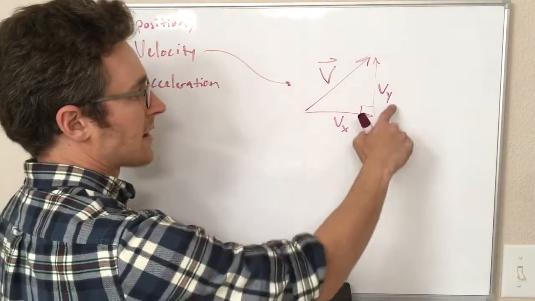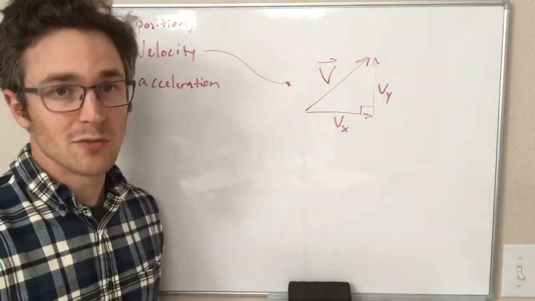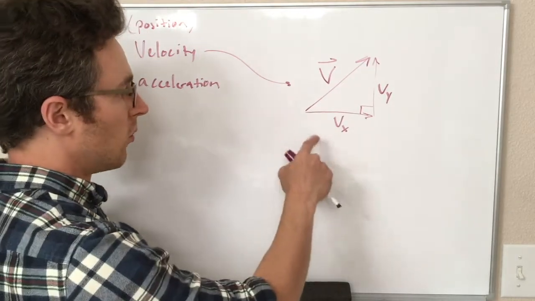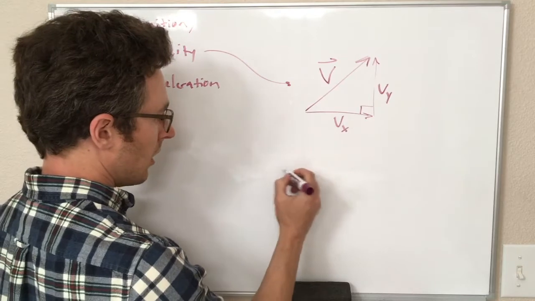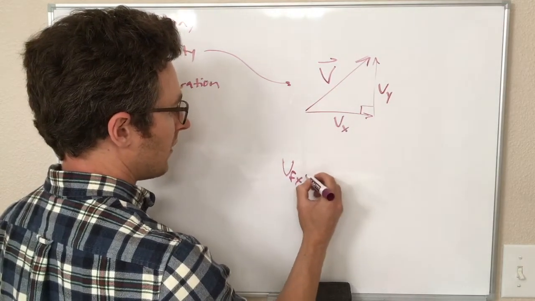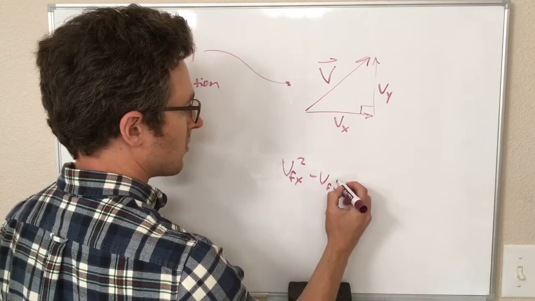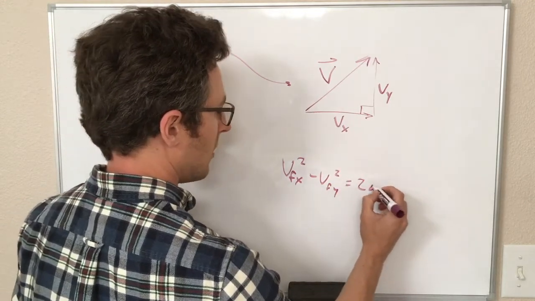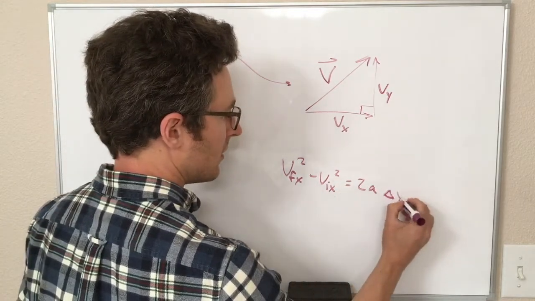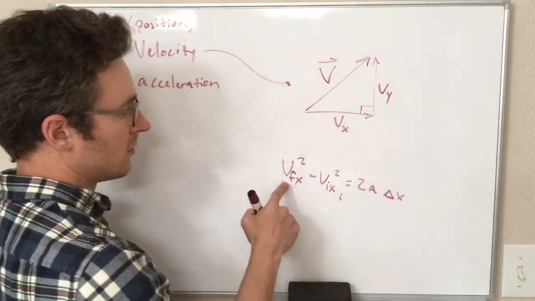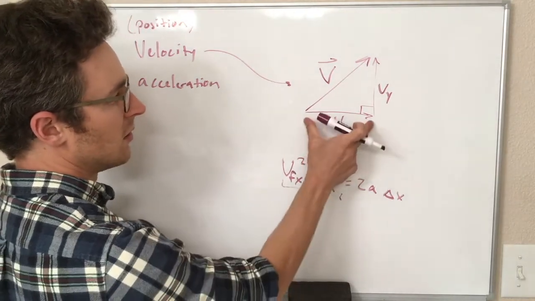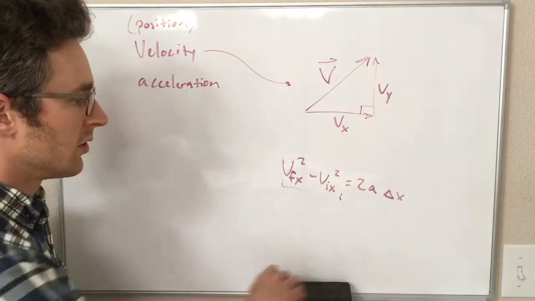And these are exactly the Vx and Vy that we're using in our kinematics equations, right? So when we say, what was it, V final x squared minus V initial x squared equals 2a delta x, this is the final x component of the velocity, and this is the initial x component of the velocity.